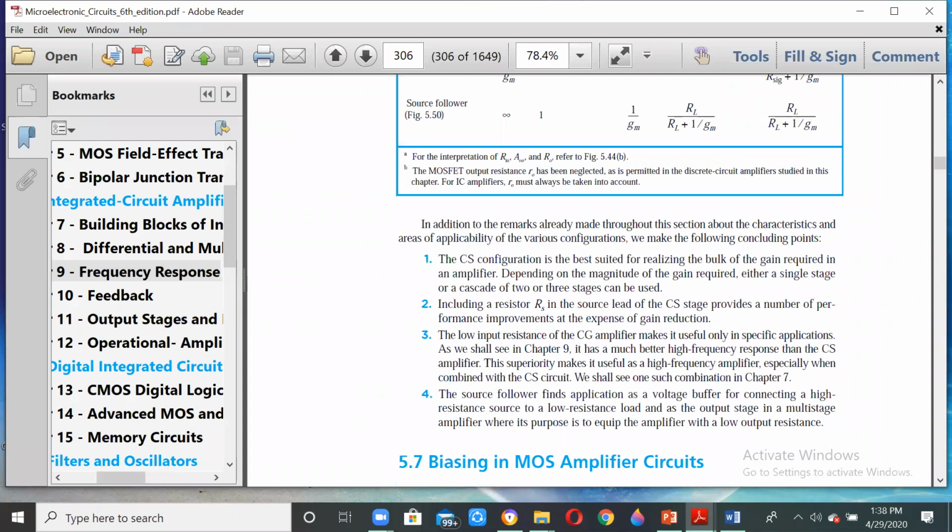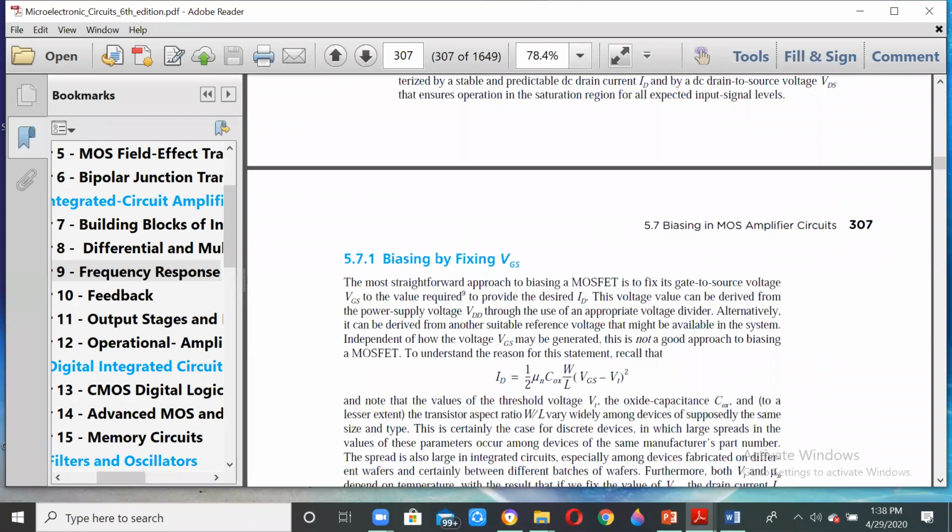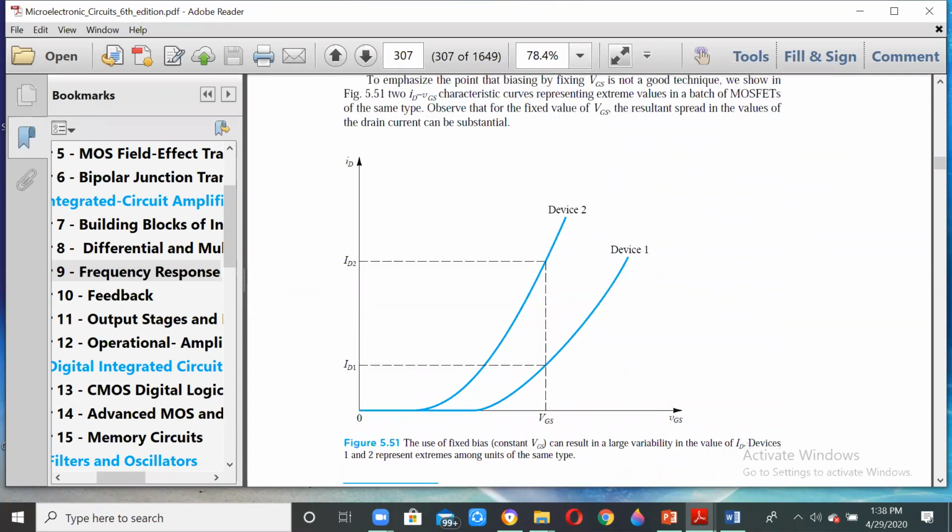So biasing in MOS circuits. This is the figure which is more important for the first part, where we have to state why fixed VGS is not a good choice for biasing purpose.